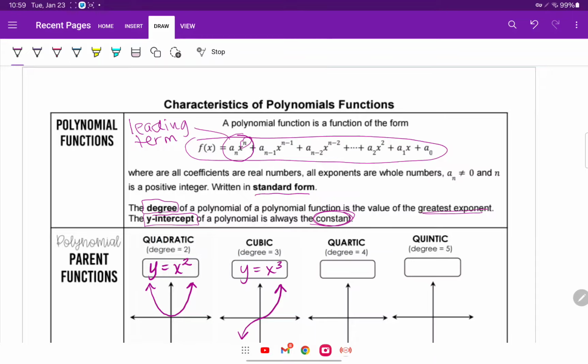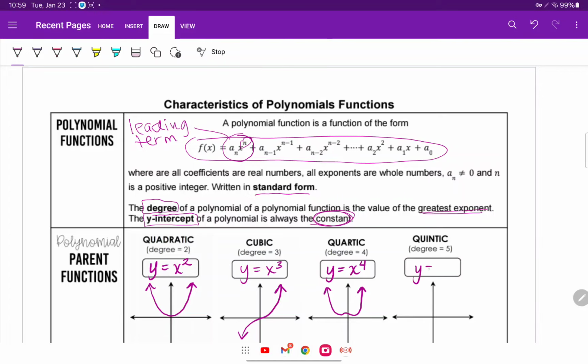And then our quartic and our quintic, we don't know, so we're going to see them for the first time here. But quartic would be degree 4, or x to the fourth. It looks a little like the quadratic, but it has a little bit more of a squiggle at the vertex or at the base. And depending on the polynomial, these curves get bigger.